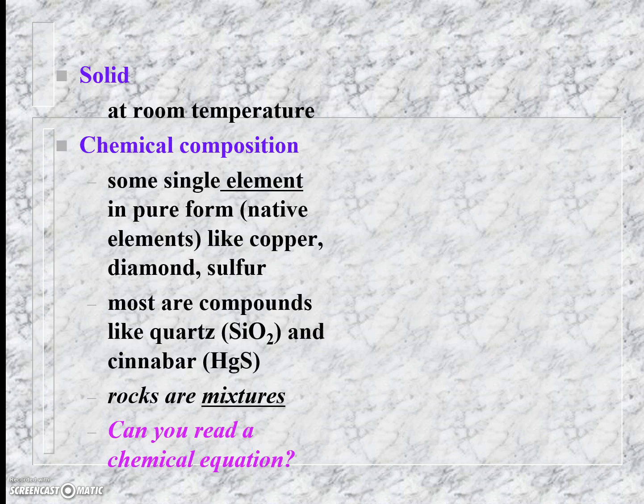Chemical composition: some of them are a single element in pure form, like copper, diamonds, gold, sulfur. But most are compounds like quartz that have two elements put together, or cinnabar. Rocks are mixtures, whereas minerals are compounds, okay?